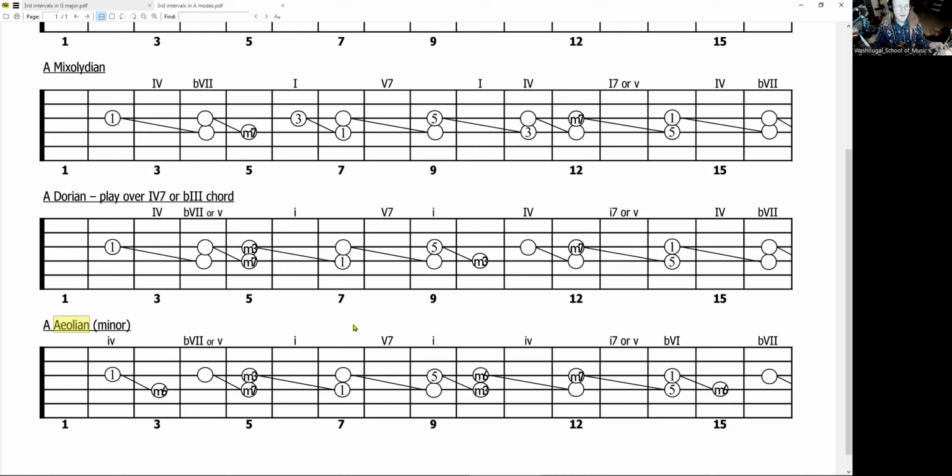Somber as minor goes. Now this could also be labeled, yeah, it's mentioned up here, the flat 6 chord. So if you had an F chord in this key, that would be the flat 6 chord.